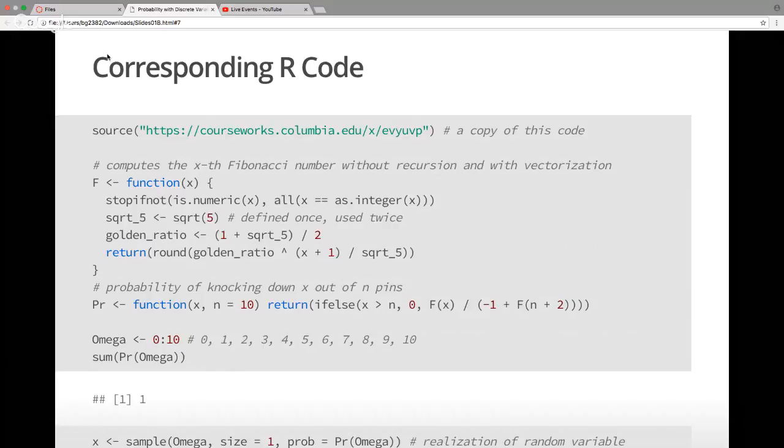So we call our PR function, put the whole sample space into it, assign that to the value little x, and that's just sort of an R representation of the process of somebody rolling a bowling ball, and you see how many pins get knocked down.